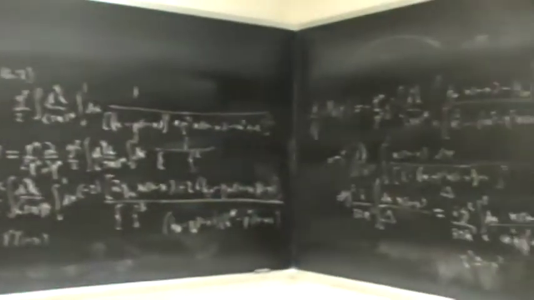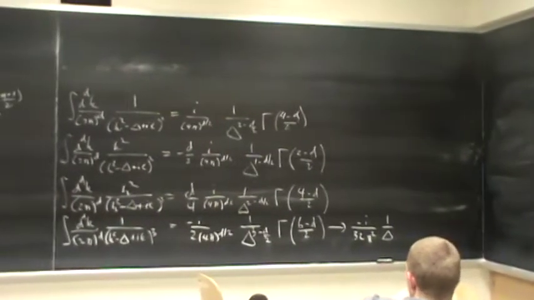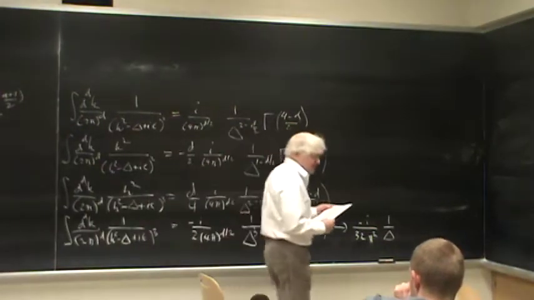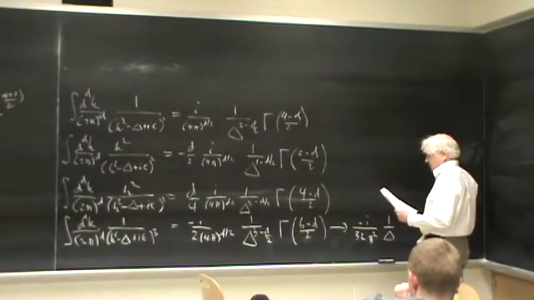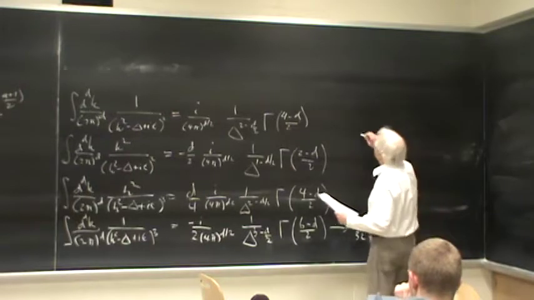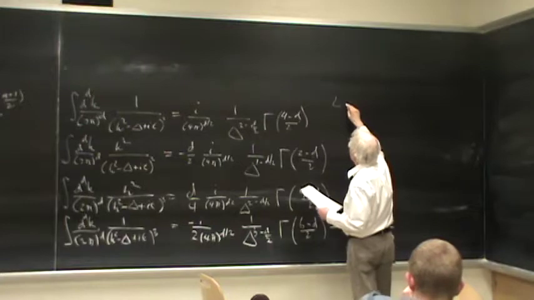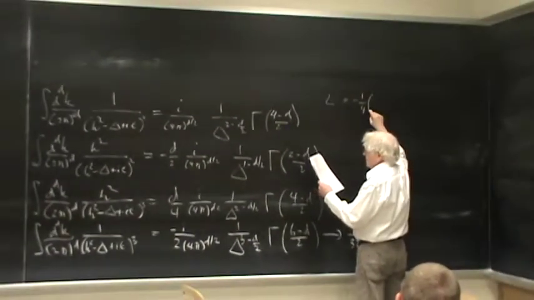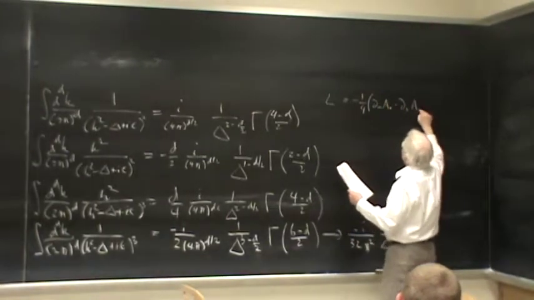Well, a little more stuff about dimensional regularization here. You remember that I said how to figure out the dimensions of fields in 4 dimensions. So suppose we have something like L for QED: −1/4 (∂_μ A_ν − ∂_ν A_μ)².